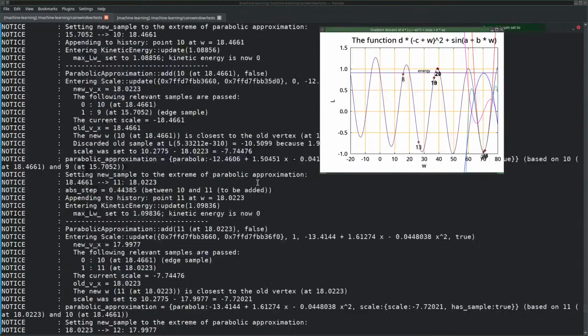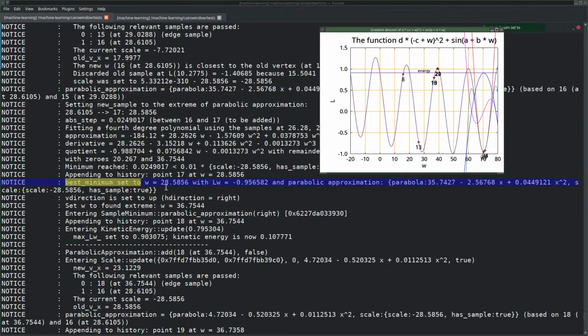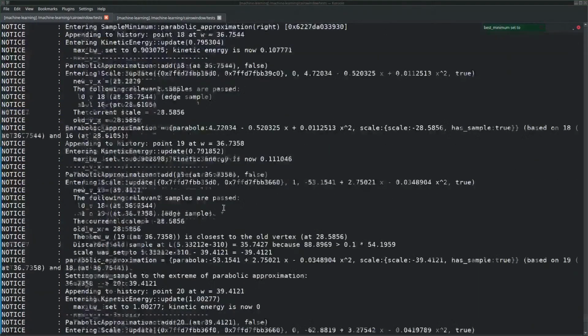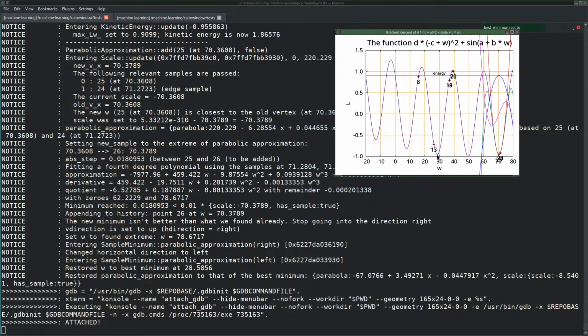And then the second time it is set is at 28.5, which is here. That's a bare minimum. And that is the last time it was set. And then it says restore W to the best minimum at 28.5, which should be this one.